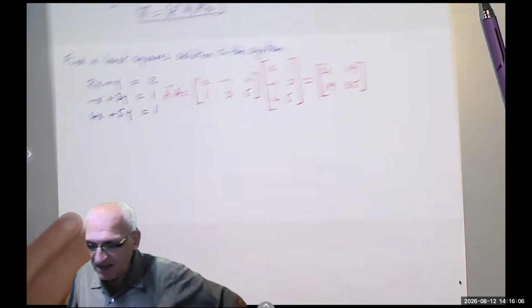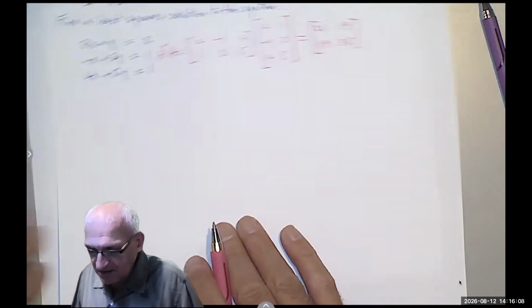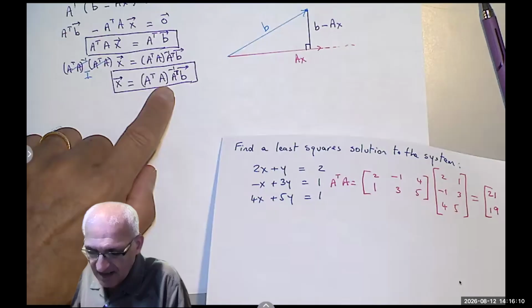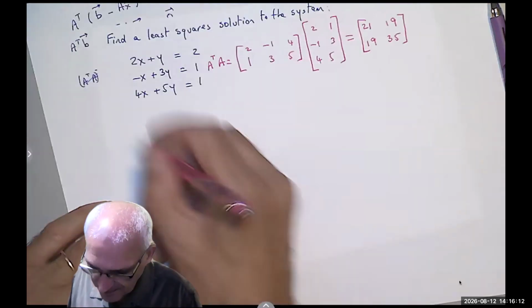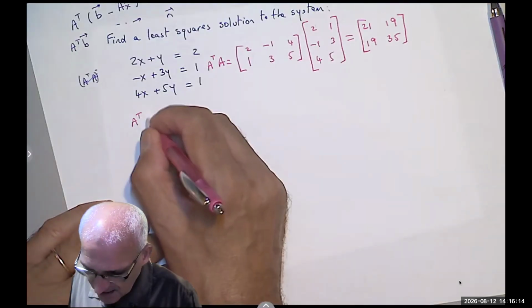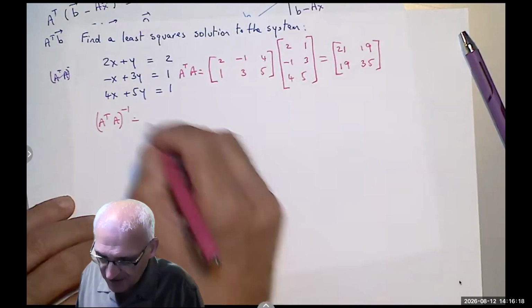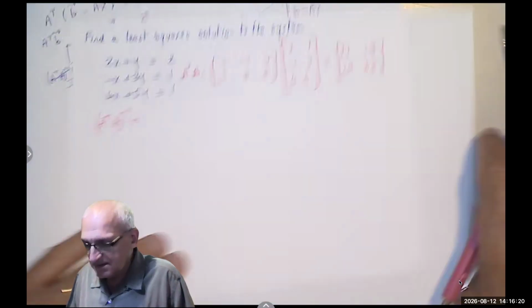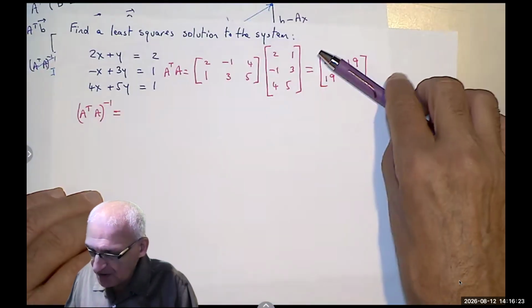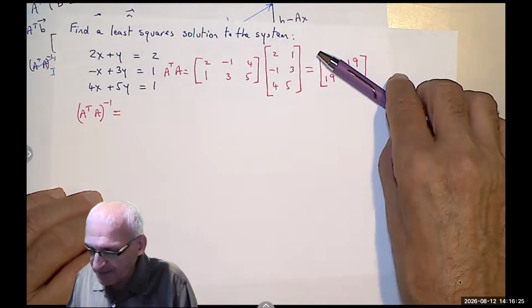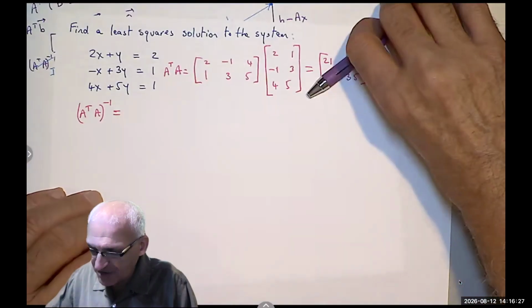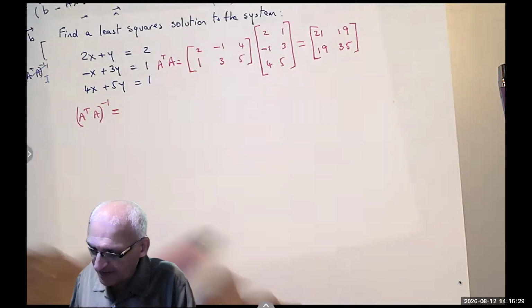This is A transpose A. Next step is to get A transpose A inverse. How do we invert this matrix? We know that what we need to do is to interchange these two elements, multiply these two by -1, and then divide by the determinant.